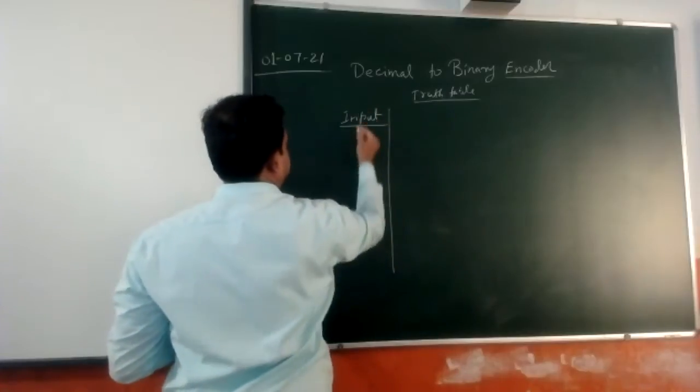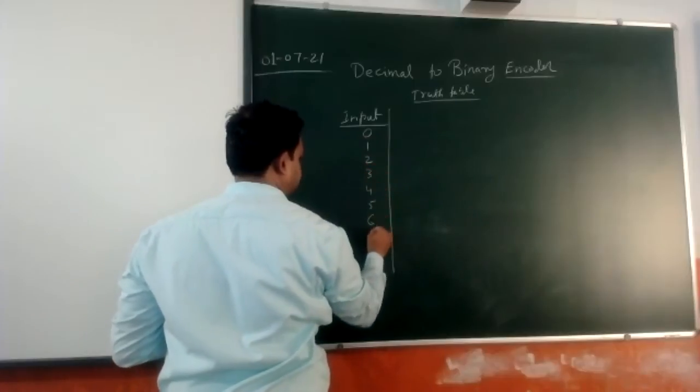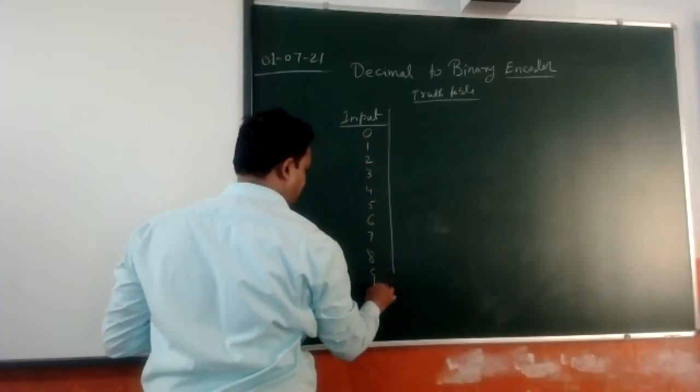What will be your input in decimal number? 0, 1, 2, 3, 4, 5, 6, 7, 8, 9.